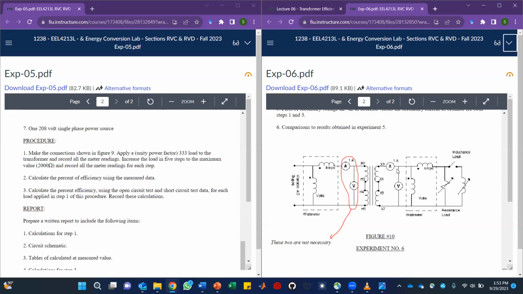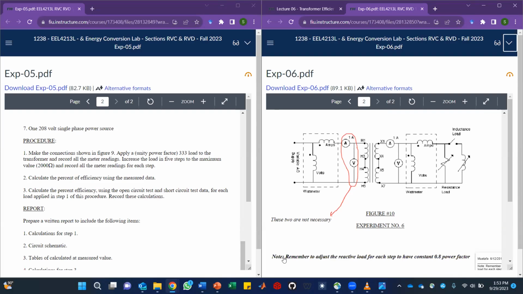Experiment number 6 is also pretty similar, but in this case, we'll have to make sure that the power factor at the load end is constant. So remember to adjust the reactive load for each step to have a constant 0.8 power factor.